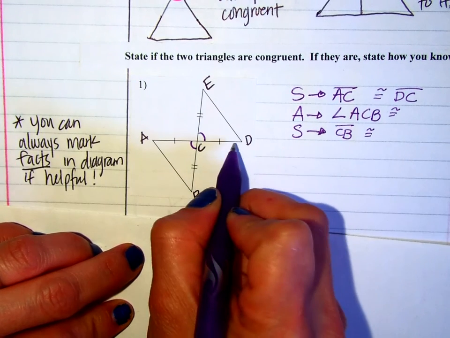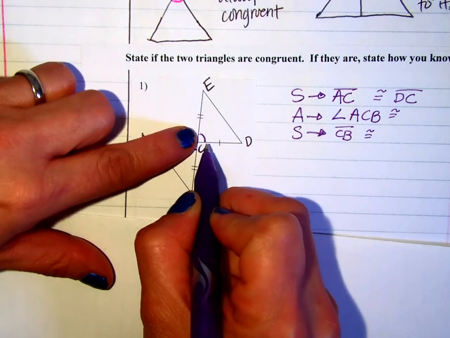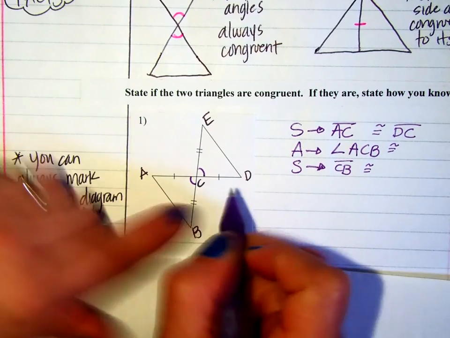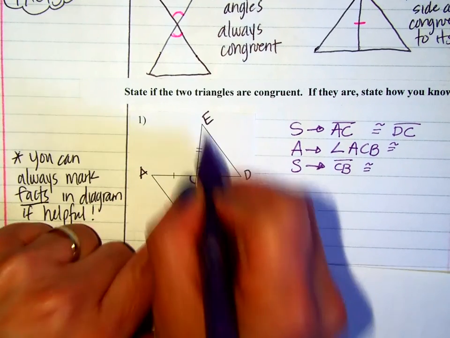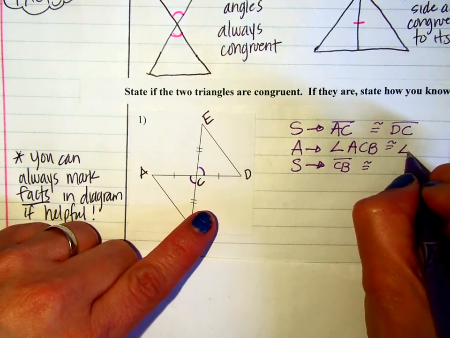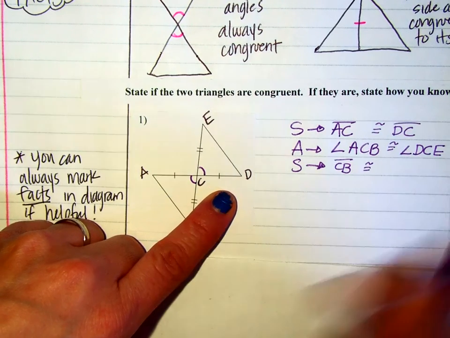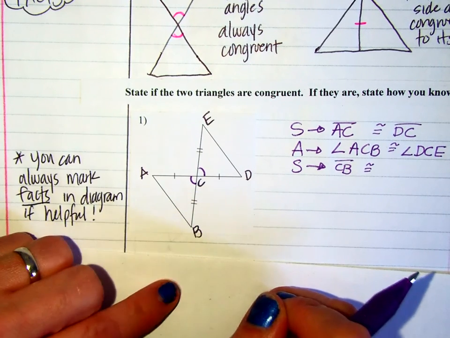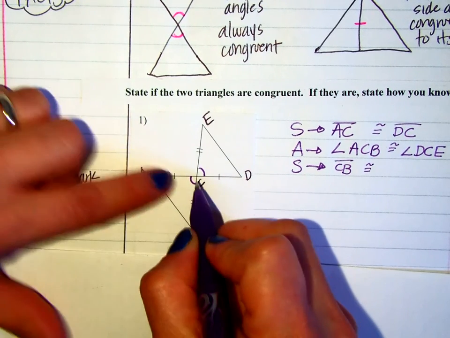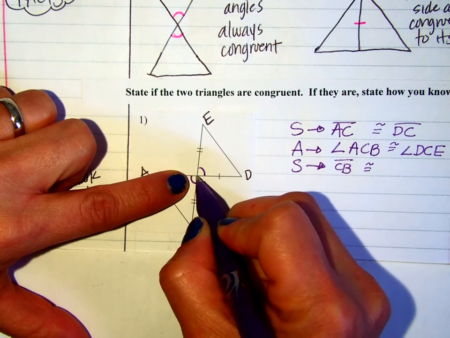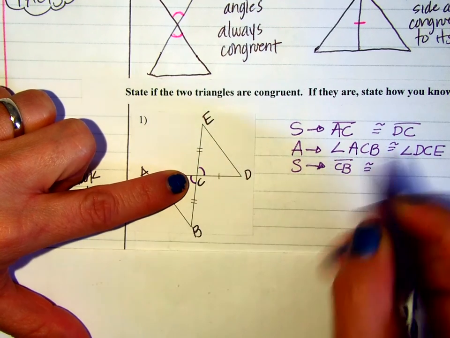The angle also, I can't call it just angle C because it's being shared. So I'm going to call it by its first, middle, last name. In this case, it'll be angle DCE. And then our last side, CB, is congruent to side CE.